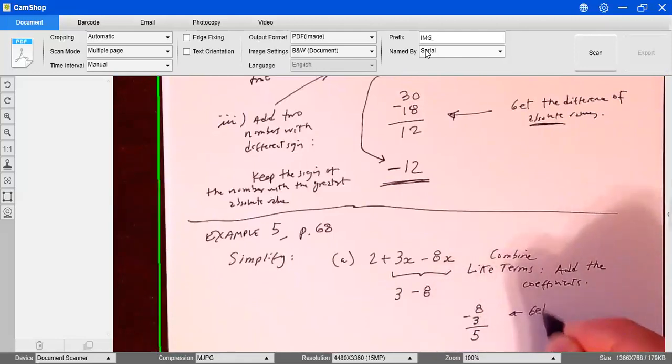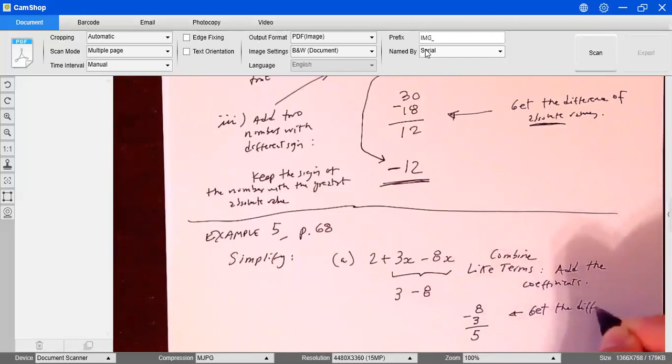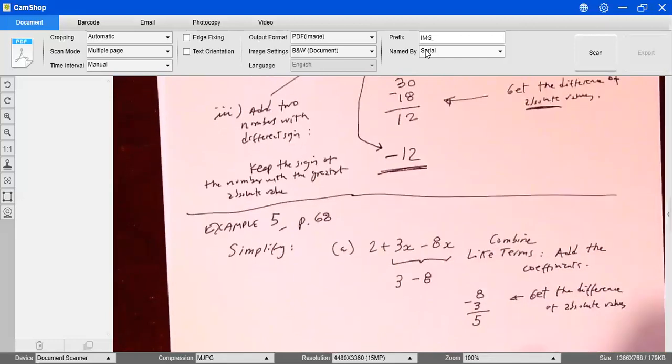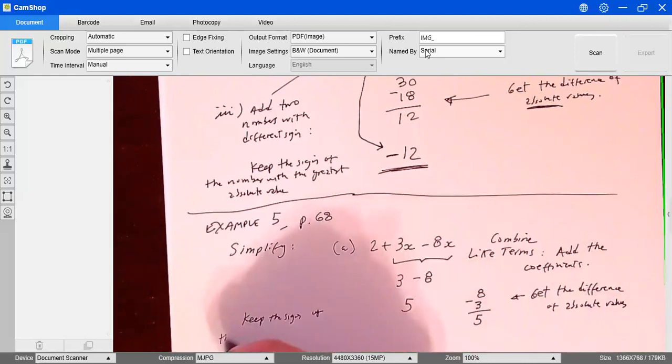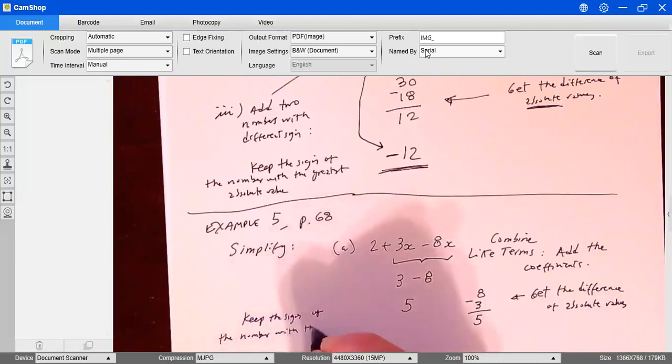So first get the difference of absolute values. So the difference is 5, but you're going to keep the sign of the number with the greatest absolute value.